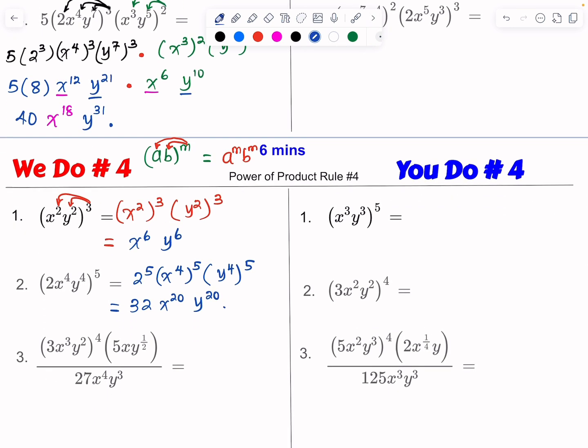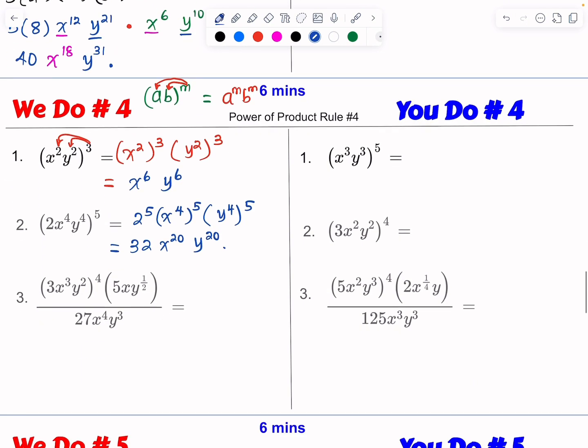And then let's do number 3. For number 3, you notice that that one looks kind of complicated, but it is not. All I'm going to do for this one is simplify the numerator before I divide it by the denominator. So let's simplify the numerator. For this power, I would distribute this power first.